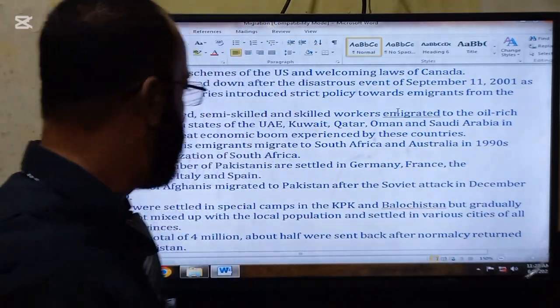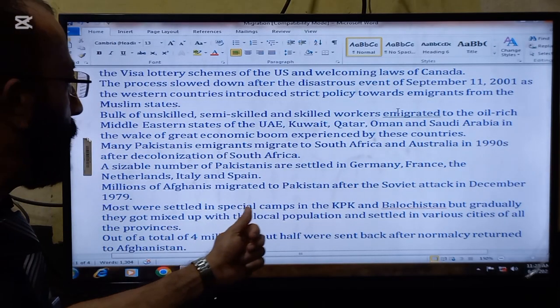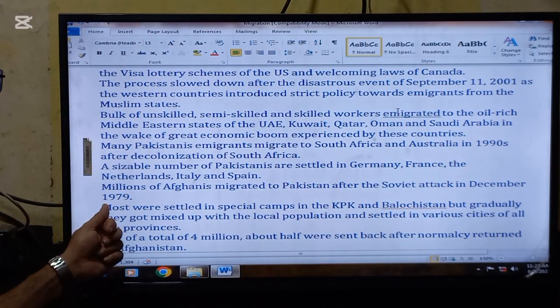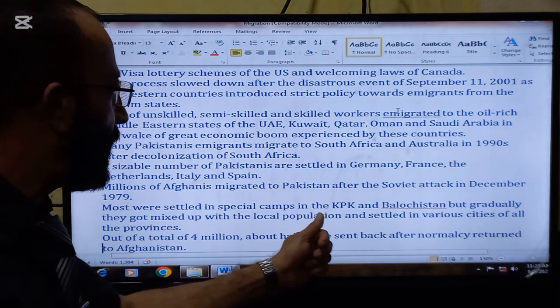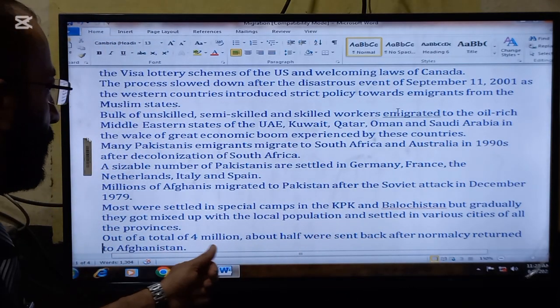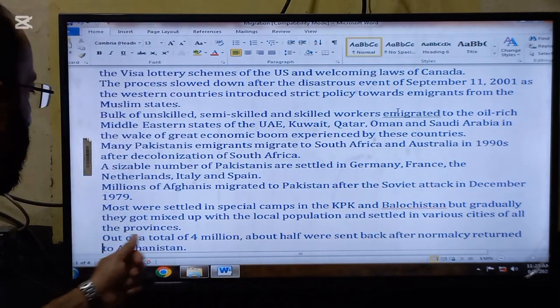So what are the points for this? Millions of Afghans migrated to Pakistan after the Soviet attack in December 1979. Most were settled in special camps in KPK and Balochistan, but gradually they got mixed up with the local population and settled in various cities of all the provinces.